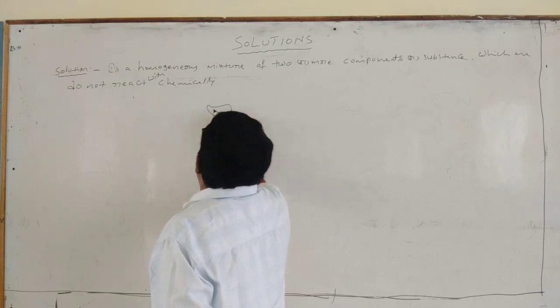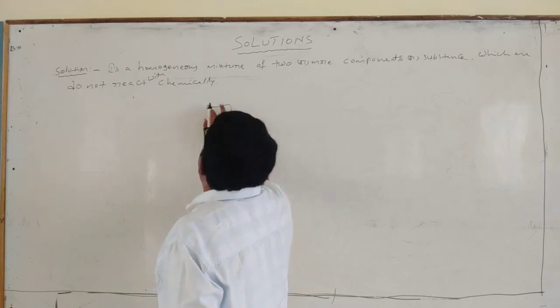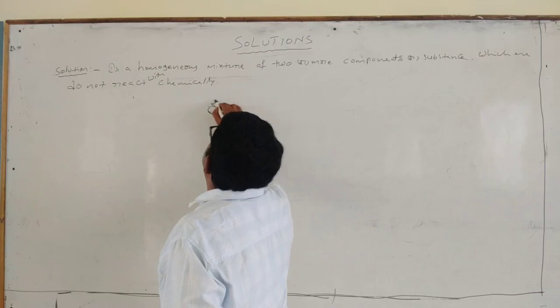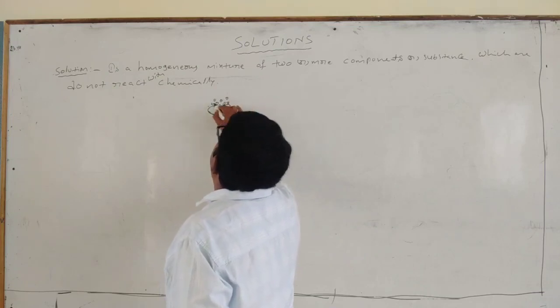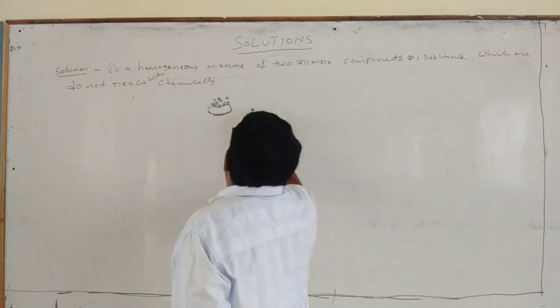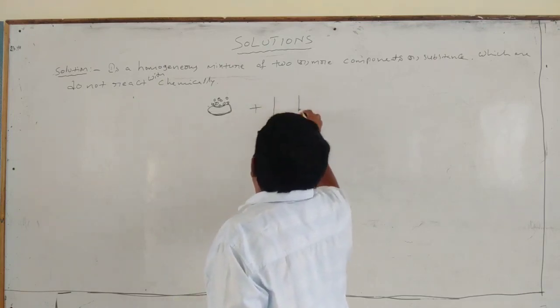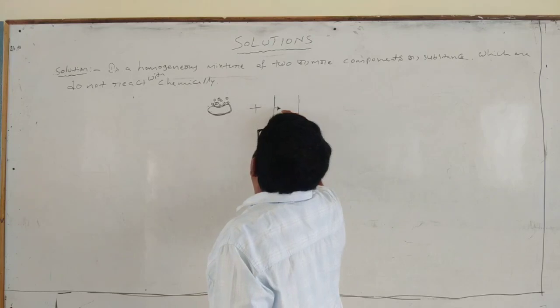5 grams of salt or sugar, and we take 100 ml of water.